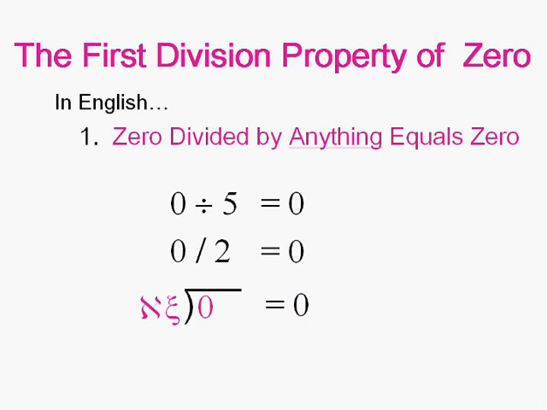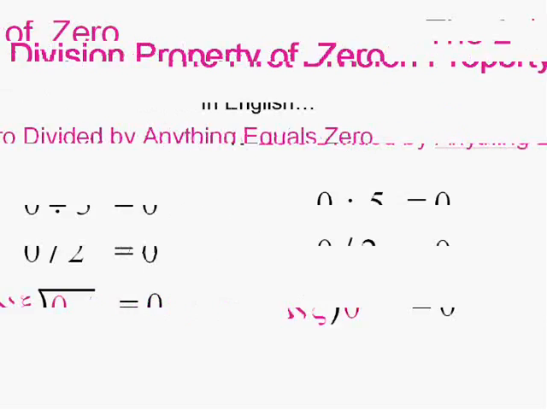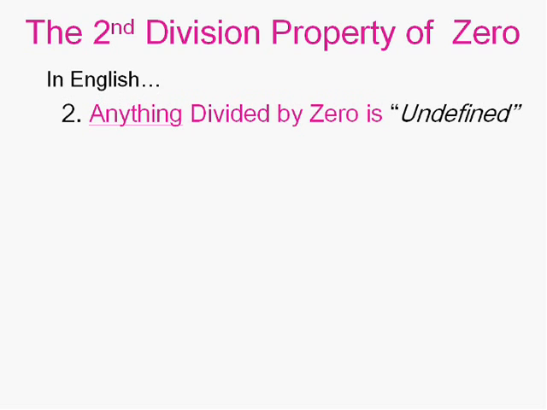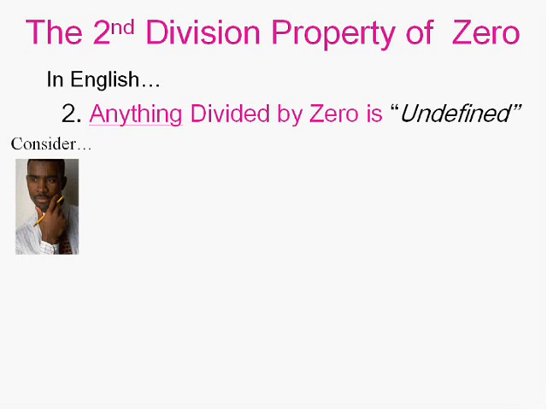Very important to note. Now there's another property, the second division property of 0, and that works kind of opposite of that. And that is, it's a weird one. Anything divided by 0 is going to have to be undefined. We don't even know what it is.